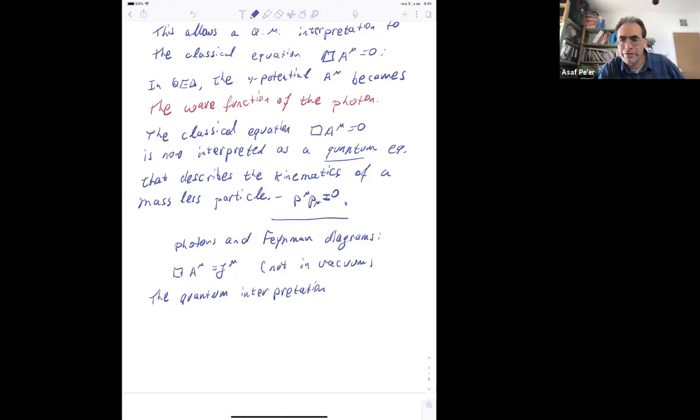A mu represents the wave function of the photon, and the Lambertian is the P mu, the momentum of the photon, the same way as we have the momentum term in the Schrodinger's equation. So here, this is the change of momentum of a photon.